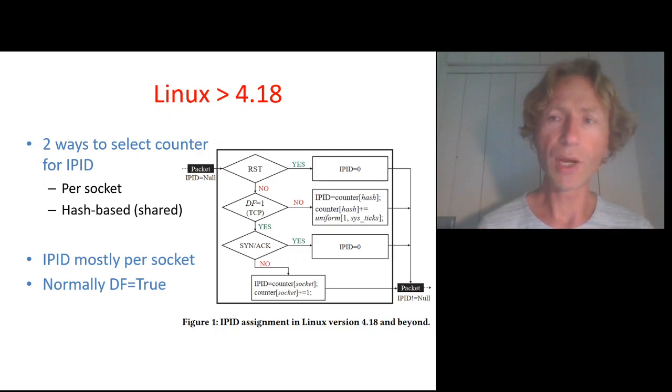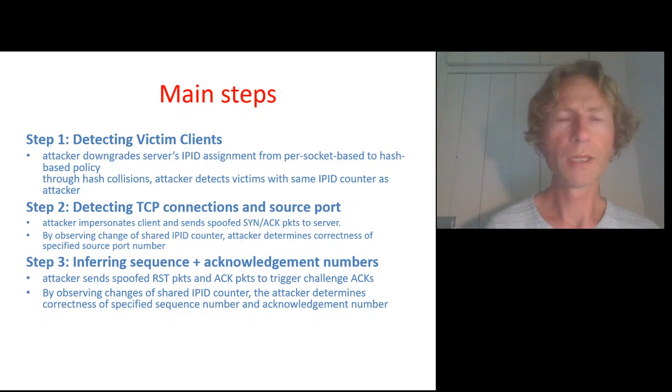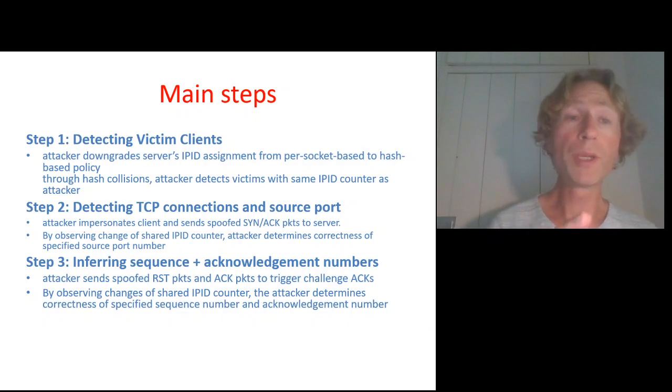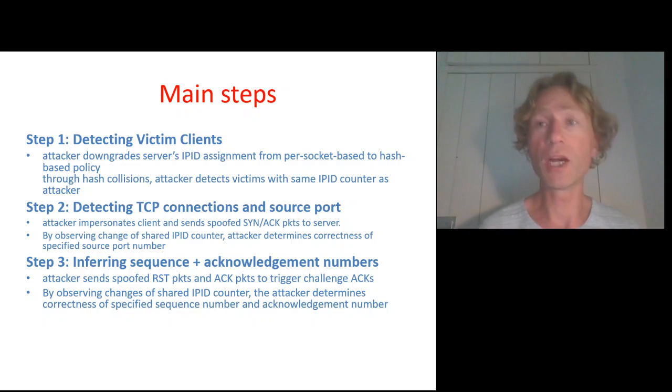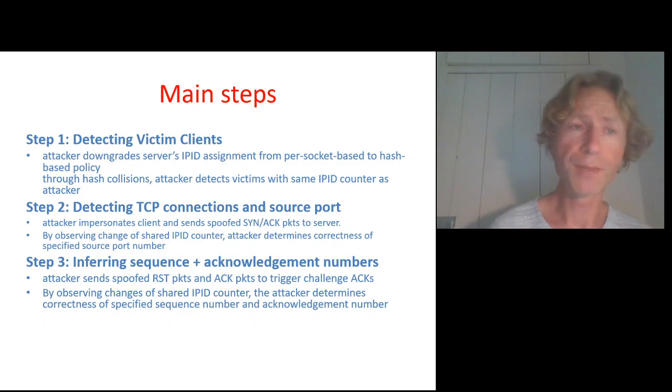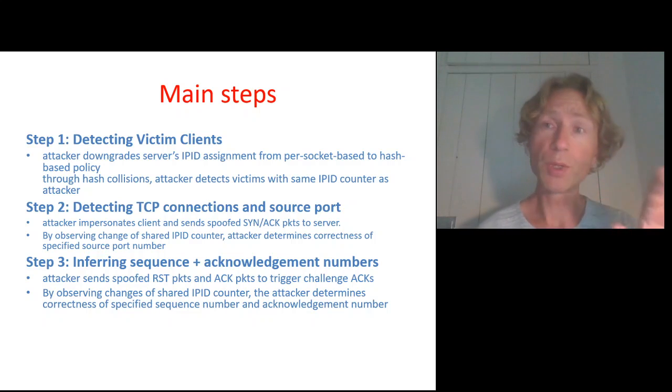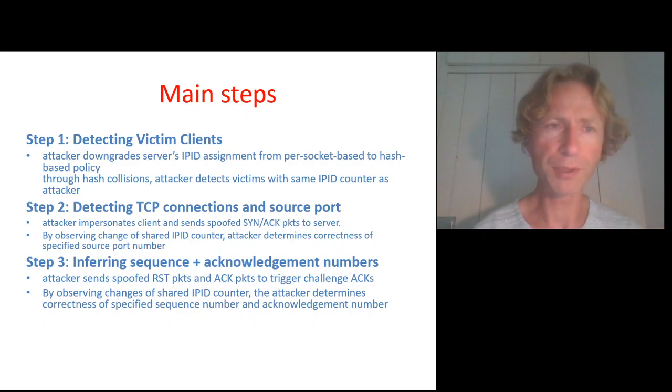So let's see how we do that. The attack consists of 3 main steps. First, we detect the victim client. So we're interested in maybe hijacking some connection between a client and a server. And what we're going to do is force the server's IP ID assignment from this secure per socket policy to this hash-based policy.